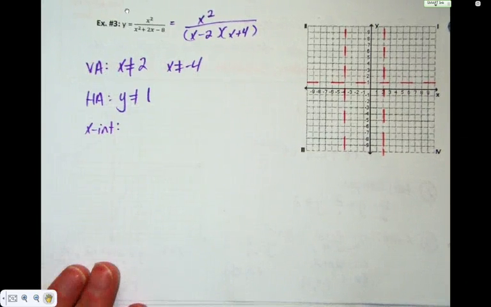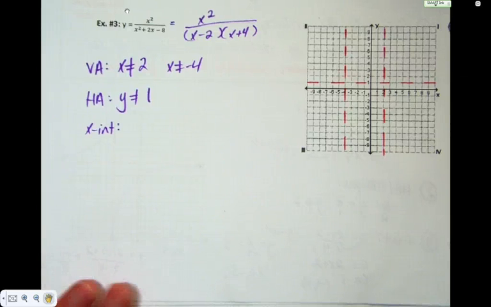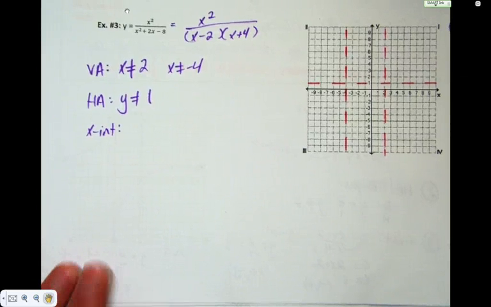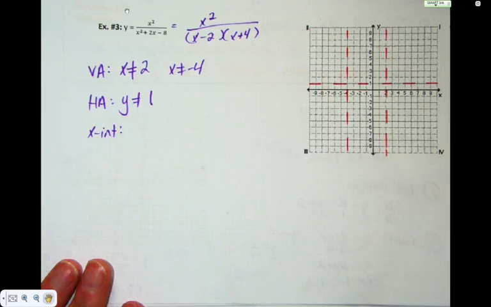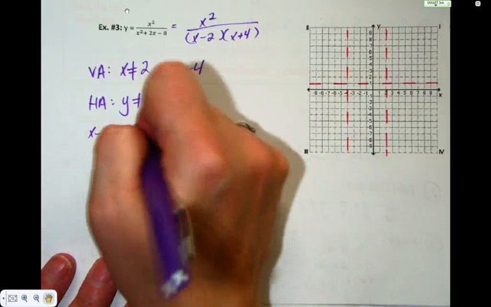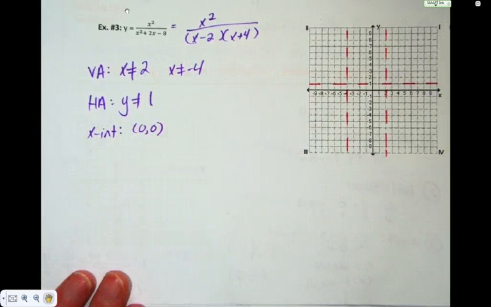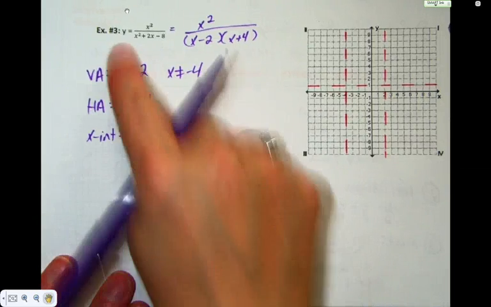x-intercept. And then solve for x. Because we put in 0 for y and solve for x.